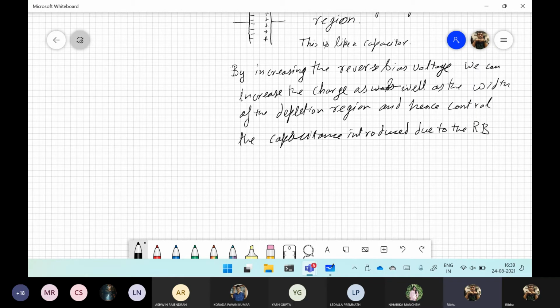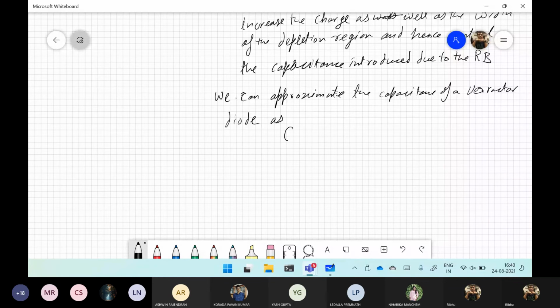I know very little about devices, so I'll simply say that we can approximate the capacitance of a varactor diode as CT equals C0 plus KC times the voltage, or even C0, because we have an external C0.